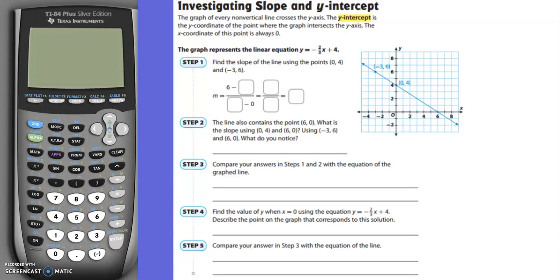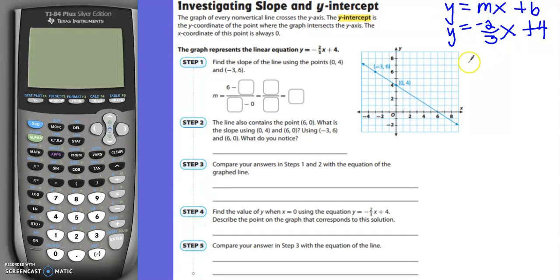So we have the graph represents the linear equation y equals negative 2/3 x plus 4. Remember, we have the form y equals mx plus b. Well, in this case, you have y equals negative 2/3 x plus 4.